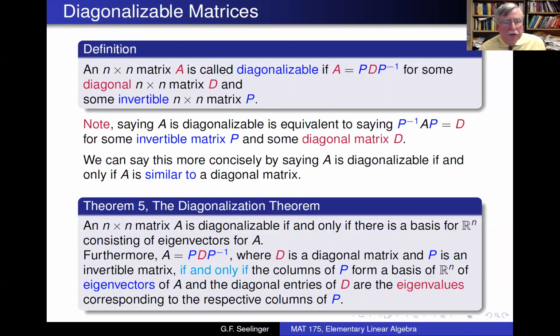And really what we're doing is we're changing coordinates to create that diagonal matrix. We'll get into that and see how that actually works as a coordinate change a little bit later. But let's take a look at this theorem and see how this works.